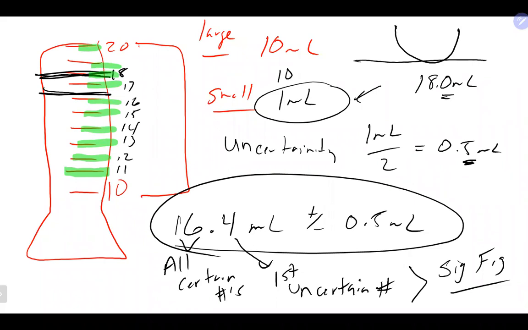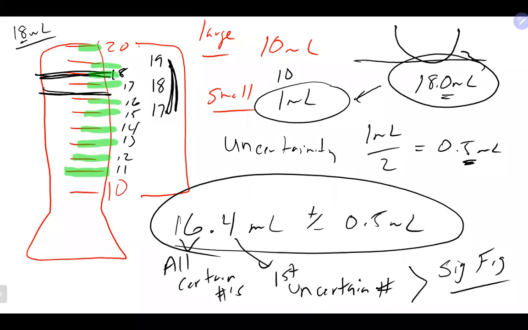If we just lop off that extra 0 and say 18 milliliters, that would only have 2 significant figures, where the uncertain number would actually be the 8. That means we're saying I think it's 18, but maybe it's 19 or maybe it's 17. That's a pretty big range, rather than what it should be on this piece of equipment, where we're saying I think it's 18.0, but maybe it's 18.1, maybe it's 17.9, a much lower degree of error.